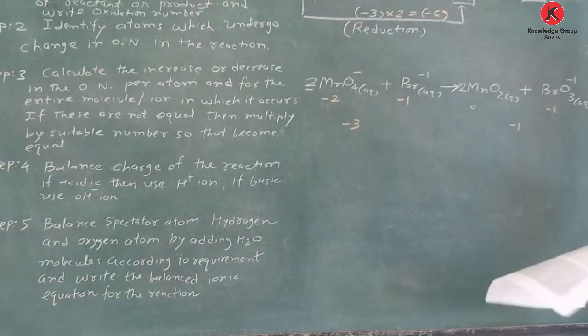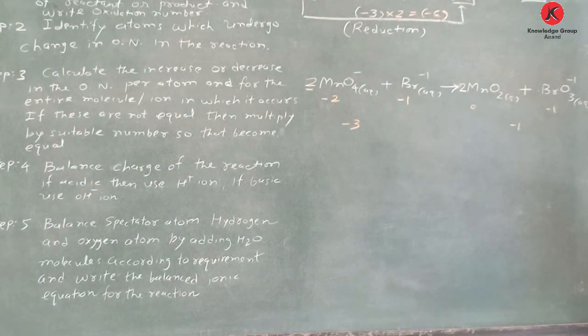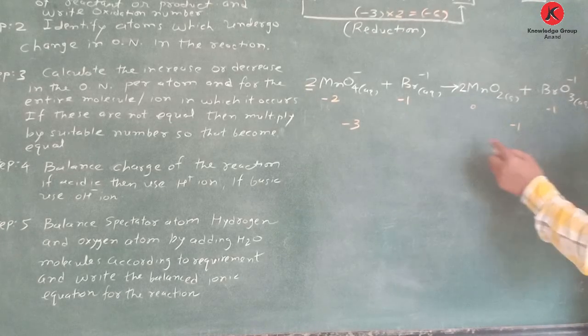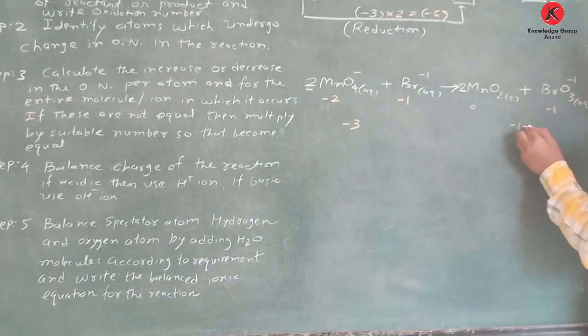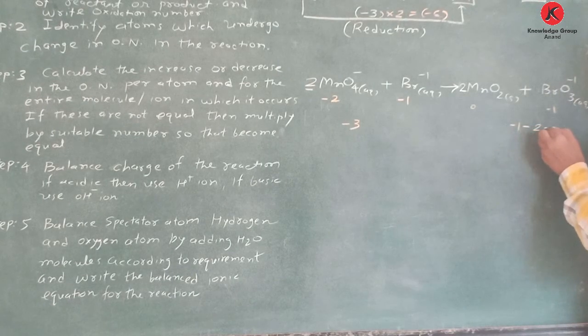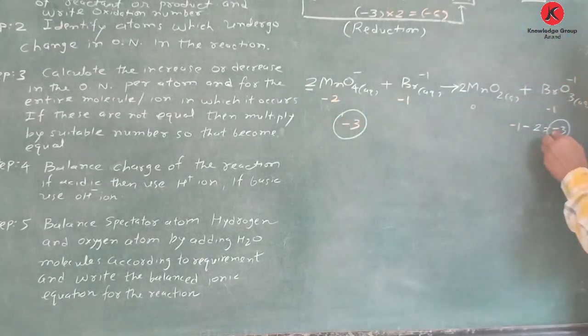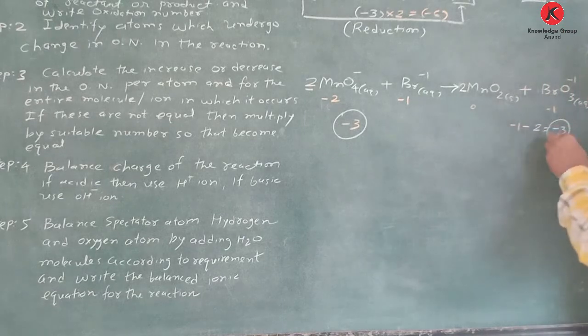The reaction is in which medium? Basic medium. And on which side do we have to add? Minus sign. So the number and sign become the same. Suppose I am adding minus 2 here, then minus 3 is there and here also minus 3. The sign is the same and the number is also the same.